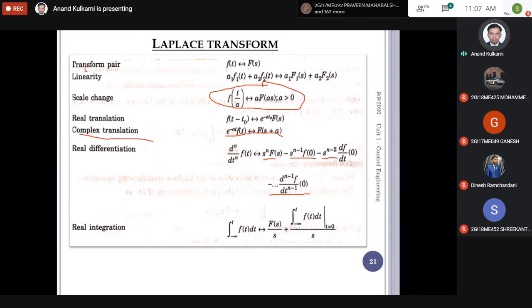So the nth derivative means there will be n initial conditions. Those initial conditions will come. But the first term is most important, s to the power n into F of s.